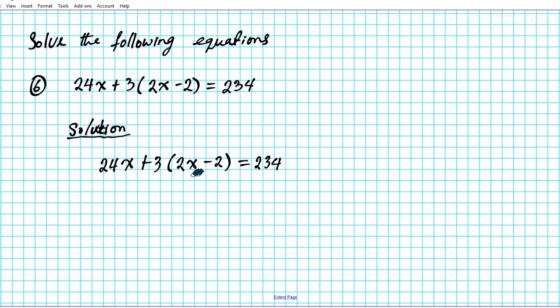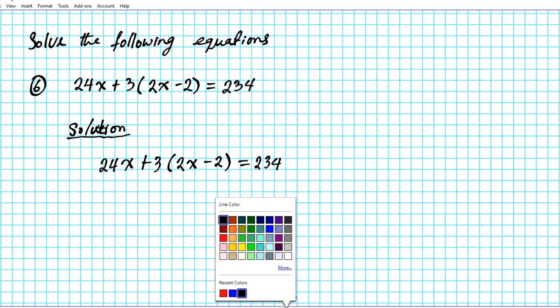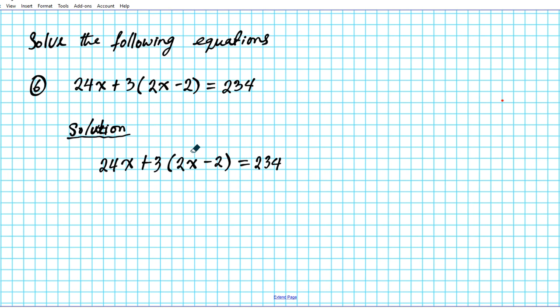Now, when you see parentheses and multiple quantities inside, you're going to carry out a special type of multiplication known as distribution. Okay? So what we're going to do is take positive 3 and distribute it to the terms in the parentheses. We're going to multiply. That's what the distributive property is.